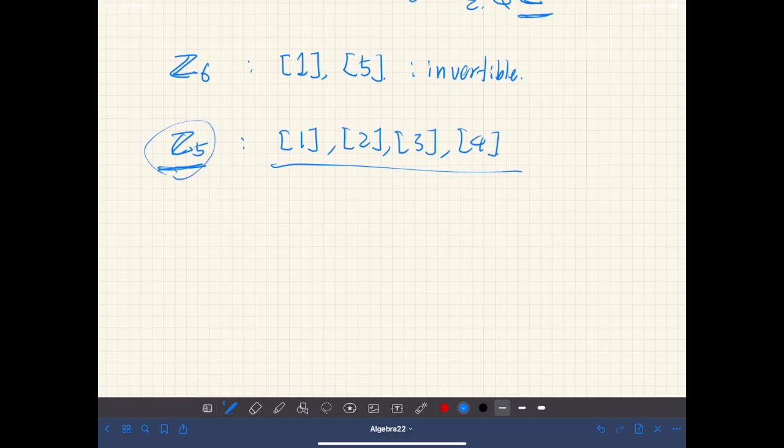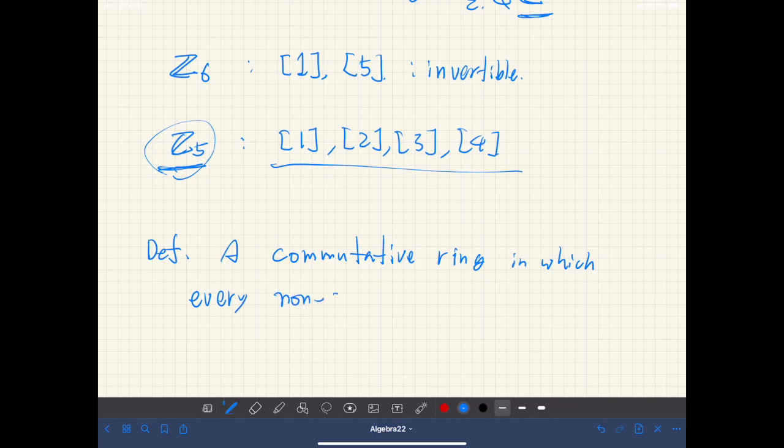And here's another definition. A commutative ring in which every non-zero element is invertible is called a field.